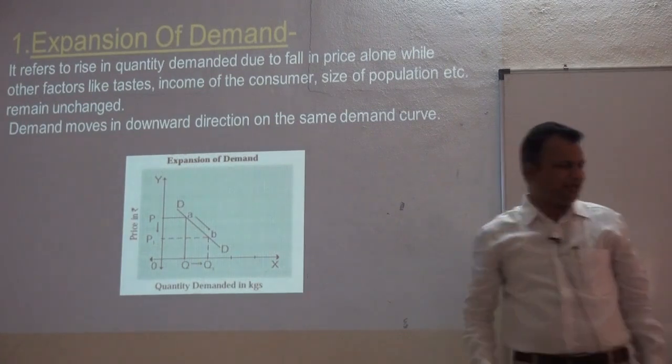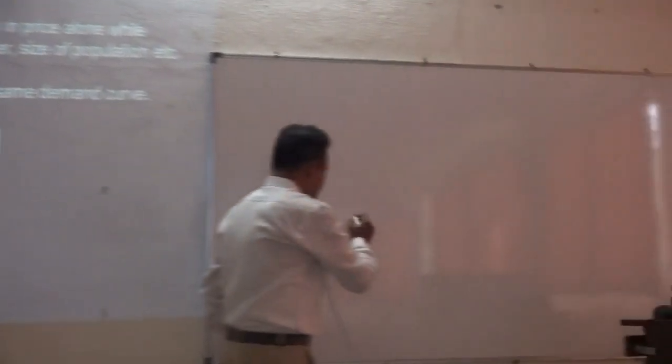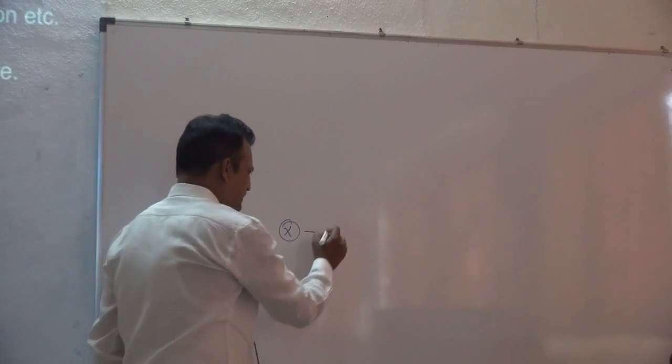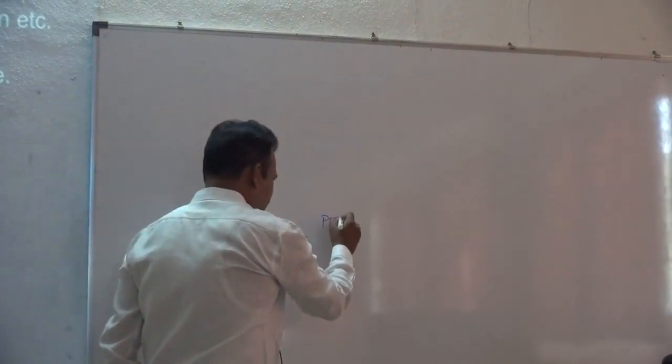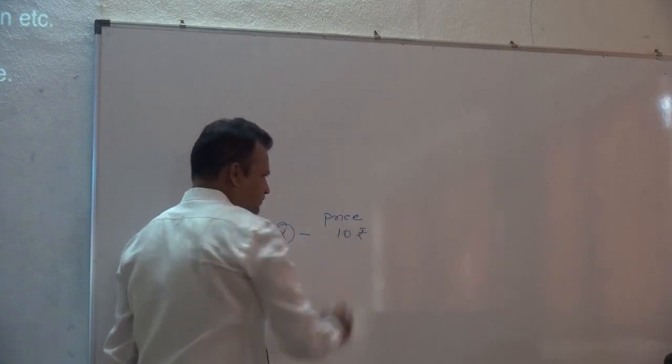It means that, look at the board, suppose X is the product and the price of X is 10 rupees per unit.